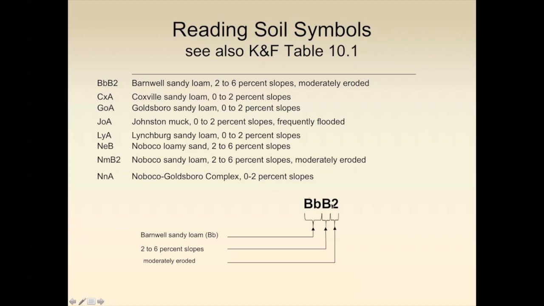And then the third symbol is the amount of erosion that they see in that soil. If there is no number, it is assumed to be a 1. So the Coxville sandy loam with an A slope and no number after that means that the erosion is negligible.